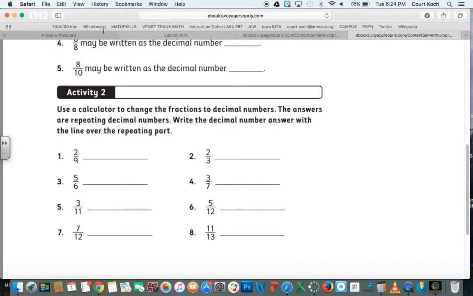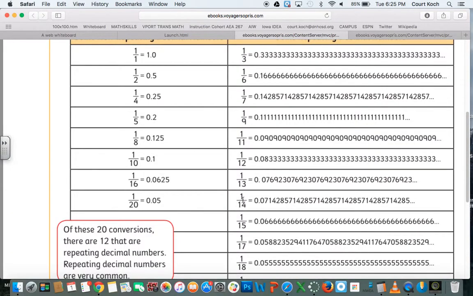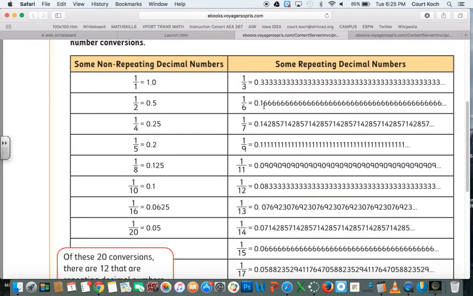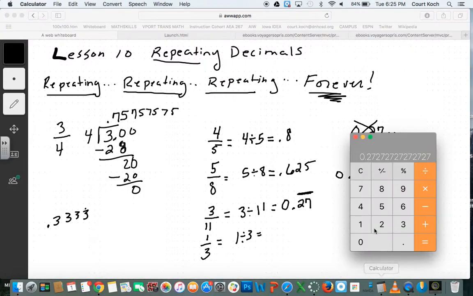Let's go ahead and look back at our book, and let's take 1/3 as a good example. We know that 1/3 is 1 divided by 3. Take that calculator, and I get 0.33333333333.